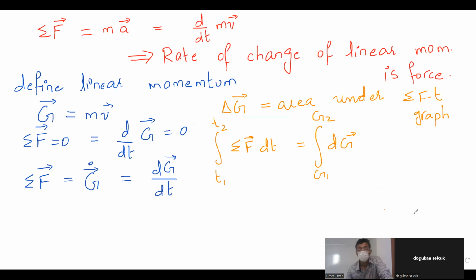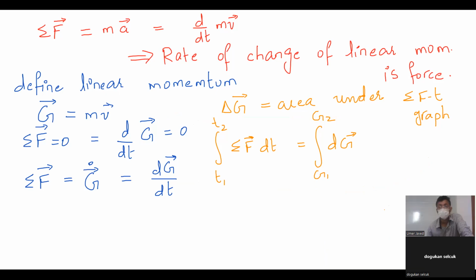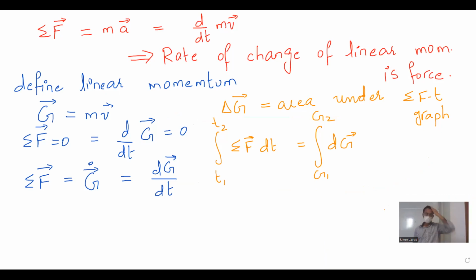Pen. Where is my picture? Okay. Let's do a couple of problems. F into t equal to mv2 minus mv1, but this is the right way. This is a general question. Is momentum always conserved?